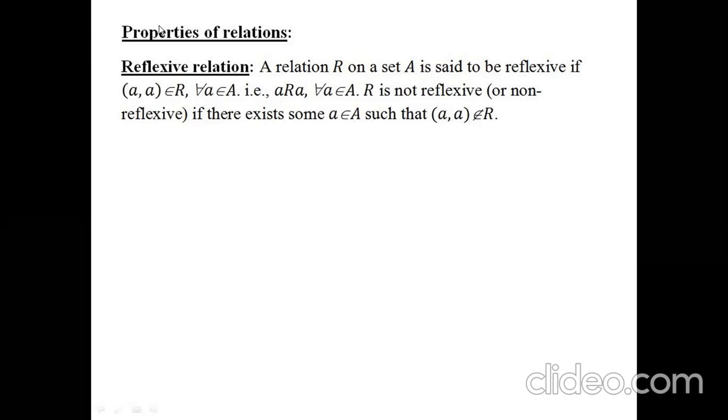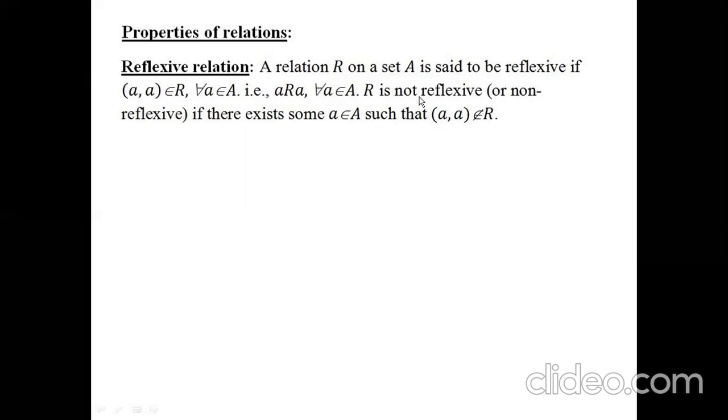So suppose the set A consists of the elements 1, 2, 3, 4, 5, etc. Then every element a should belong to the relation R, like (1, 1), (2, 2), (3, 3), etc. Every element of the set A should belong to the relation R to say it is reflexive.